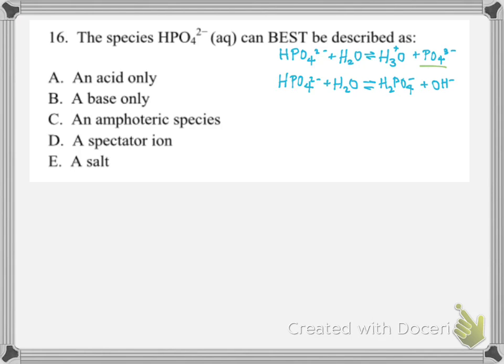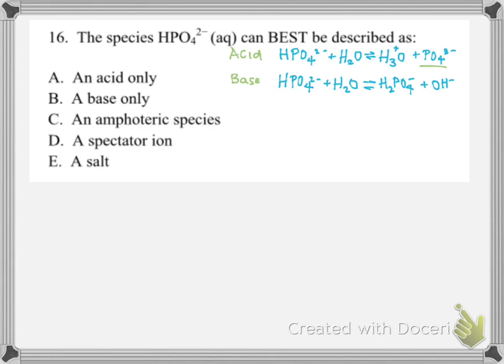And we would classify this as an acid, donating a proton. In the reaction below, we see that it can also steal a proton from water to generate H2PO4-. And in that equation, it would be acting like a base.